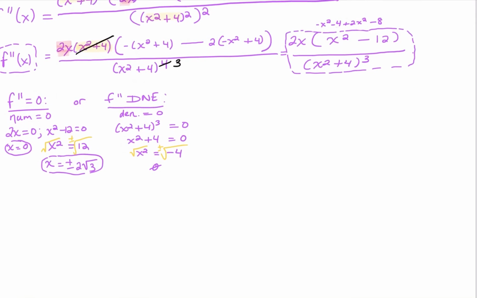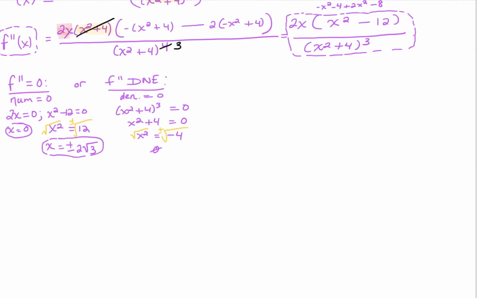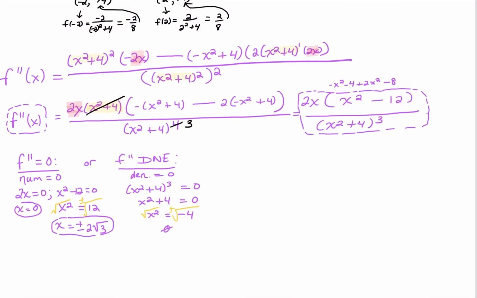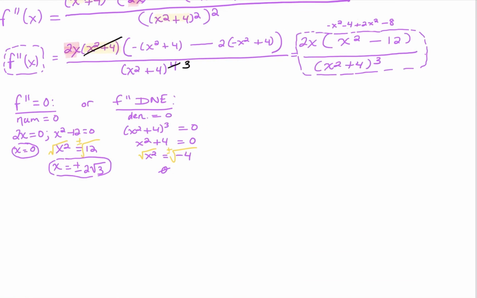All right, so we're at a point where I think we can jump into our sign analysis here. This time we are subbing into our second derivative, but making conclusions still about the original function. And so we have the values at negative 2 root 3, at 0, and then at positive 2 root 3.